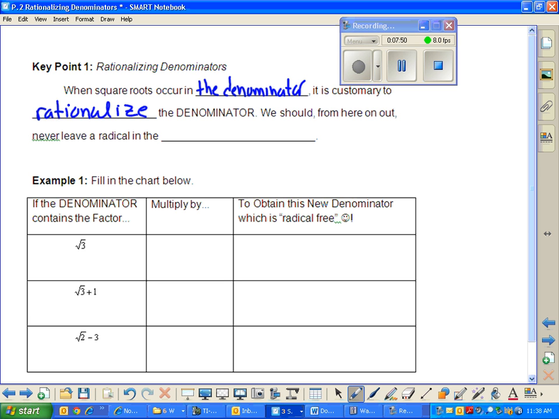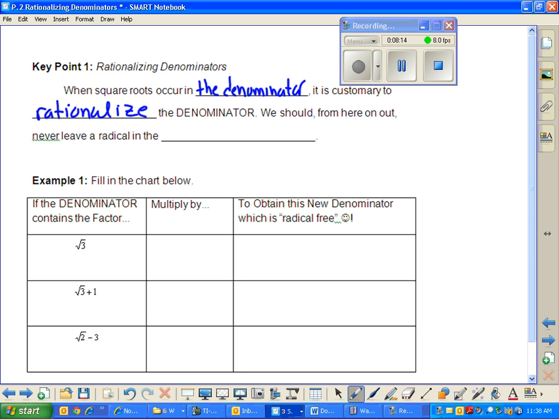Just like it's customary to not leave an answer like 2/4 on a test. You would write that as 1/2. You wouldn't leave me an answer of 2/4. We're in the habit of observing the custom of leaving our answers in lowest terms. Very similar idea. It's just customary to write our answers in this way.